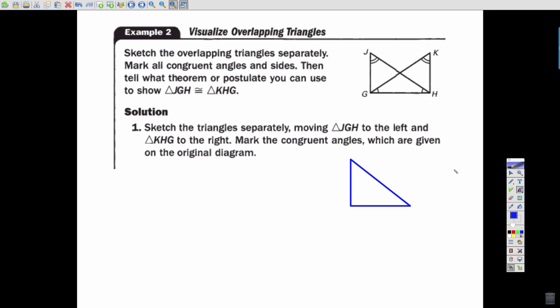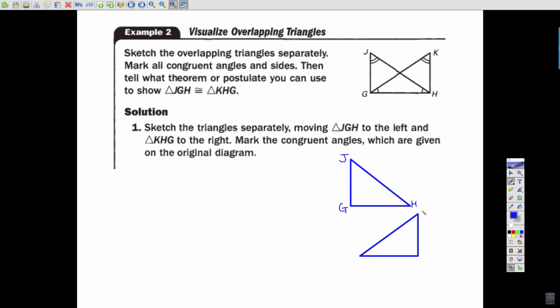See if I can do that easily. Ooh, close. Very good. Okay, so if I can label this, this will be JGH, and this triangle, see if I can move it, whoops, well, never mind.